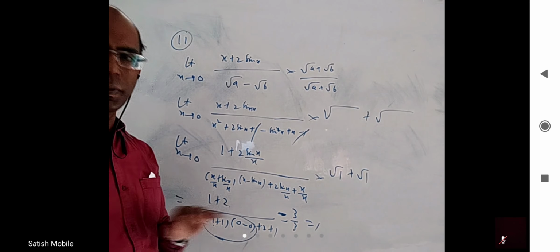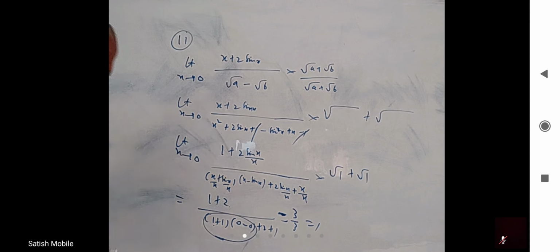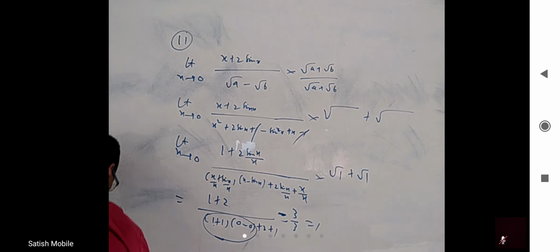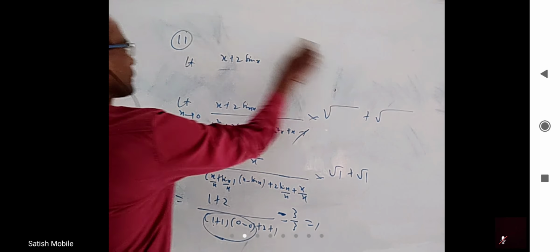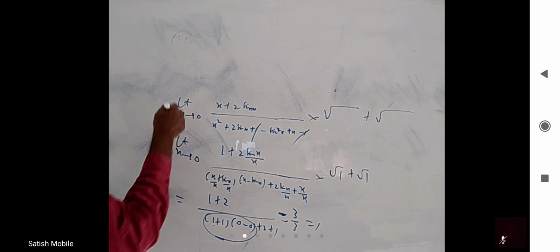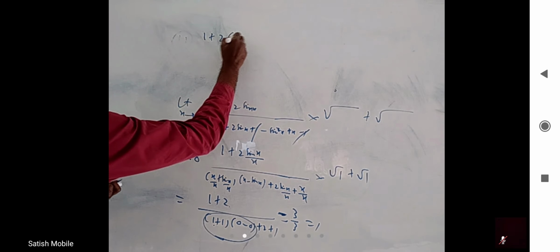As it is, you apply L'Hospital rule. I can write if you want. If I apply L'Hospital rule, numerator is 1 plus 2 cos x.